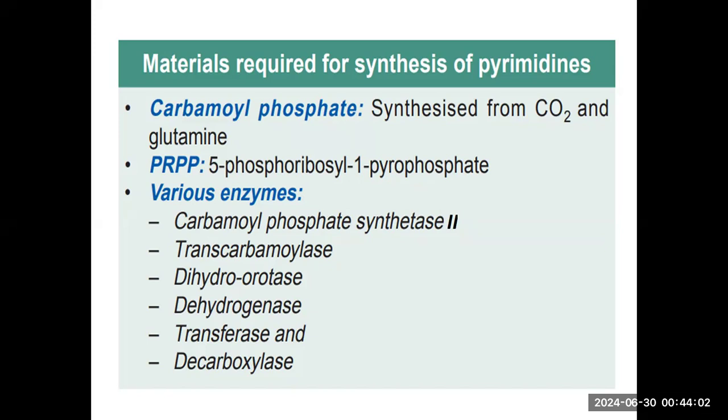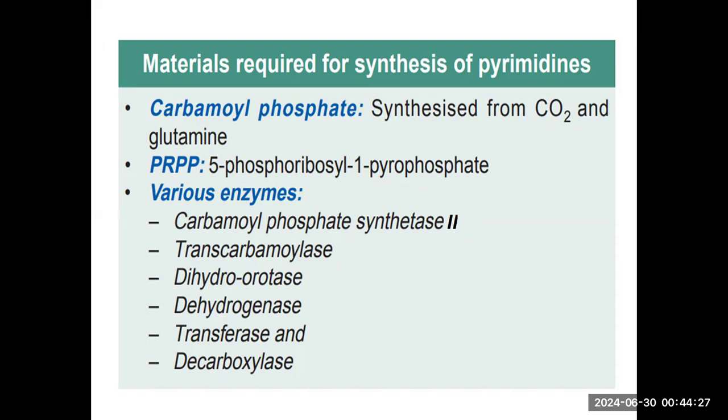Carbamoyl phosphate is synthesized from carbon dioxide and glutamine in cytosol. The second molecule that we need is PRPP, that is phosphoribosyl pyrophosphate, more precisely, 5-phosphoribosyl 1-pyrophosphate.